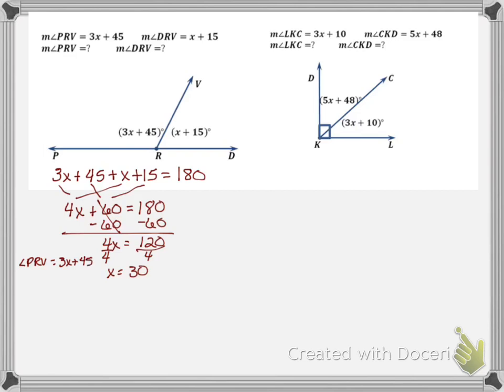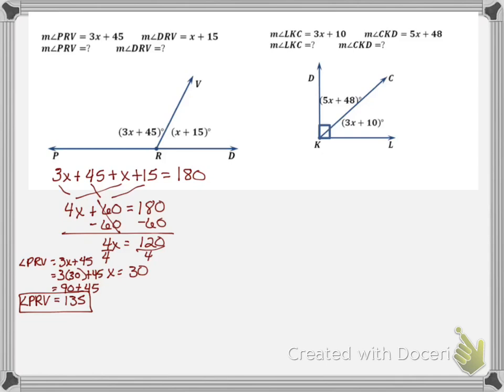And since x equals 30, that's what I'm going to substitute. So then we have 90 plus 45, which equals 135. So angle PRV equals 135. We can go ahead and figure out what the other angle is by plugging it in.